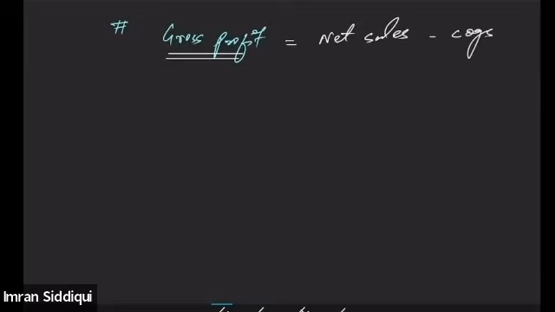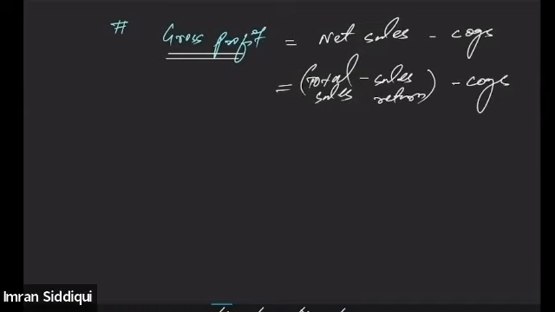And mind it, how do we determine net sales? Net sales is calculated simply by subtracting sales return out of total sales. Total sales minus return inward, or sales return, it's the same thing. This is called net sales. After getting the value of net sales, you just have to subtract COGS. And you already know how to calculate COGS.